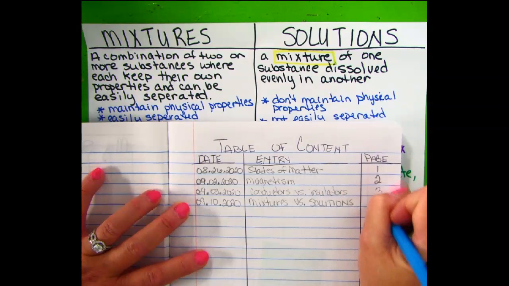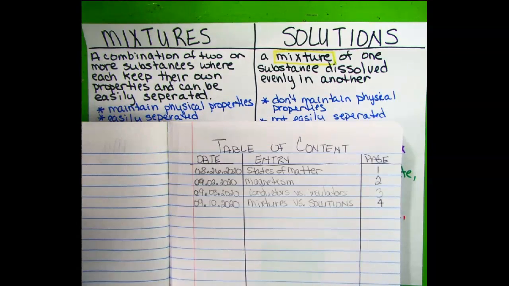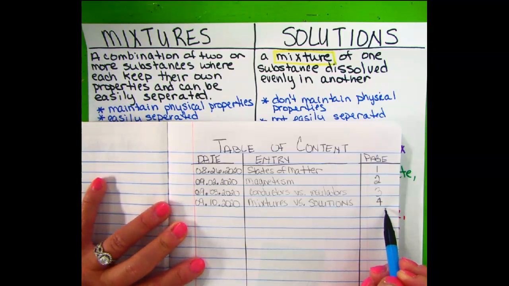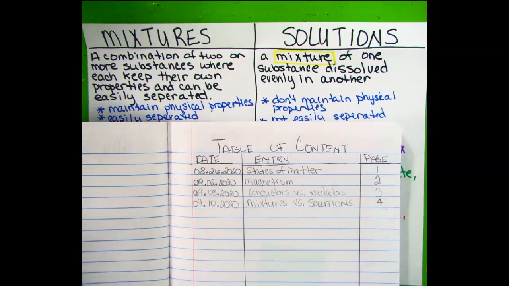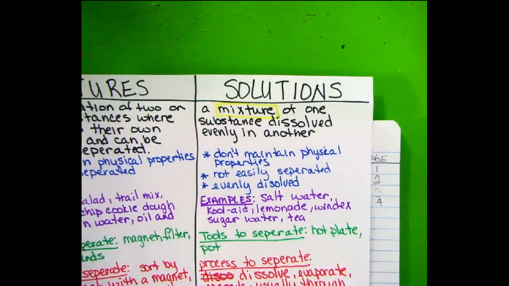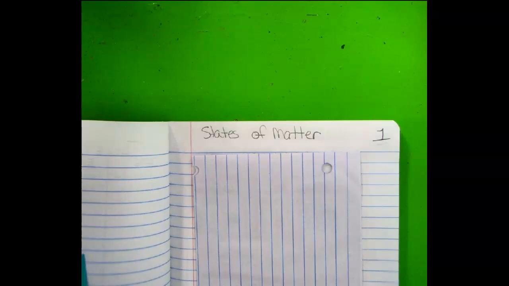And I'm going to glue it on page 4. So when you go to put it in your journal, you should have 4 entries by now, right? We should have 4 things that we've done. And again, I know that my page is bigger than my journal. So remember, I'm going to go to page 4.